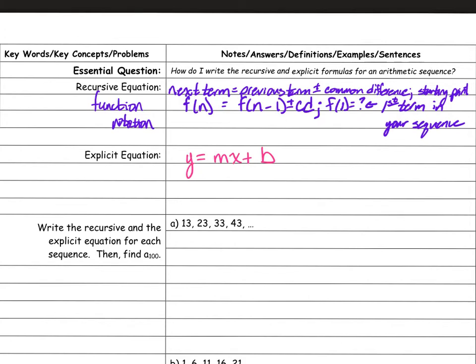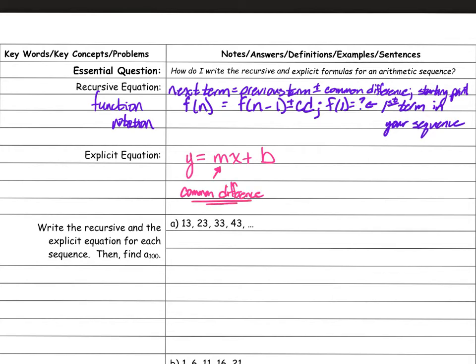Okay, so now I need to define my variables in there. We know what x is, we know what y is. Okay, well, what is m in this case? Yes, m is slope. m is still slope. In my sequence, what is my slope? My slope is my common difference.